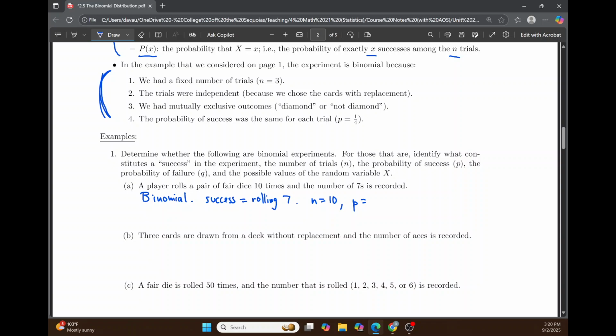So the probability of success is 6 out of 36, which reduces to 1/6. The probability of failure is going to be 1 minus the probability of success. If the probability of success is 1 out of 6, then the probability of failure should be 5 out of 6.